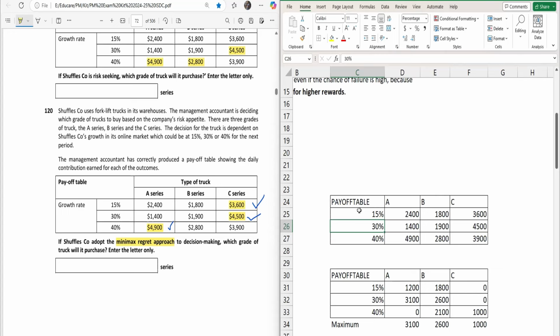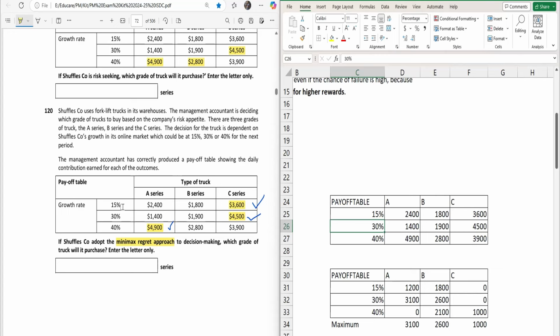Okay, so we need to calculate the regret first. For calculating the regret, first we need to find the biggest payoff for each of the growth rates.